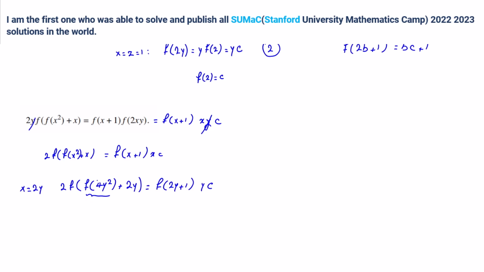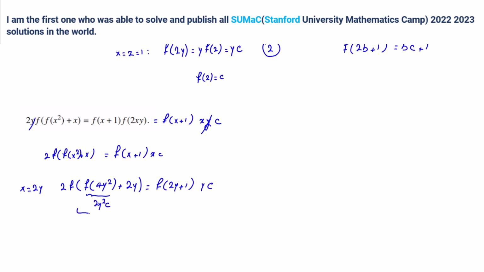f of 4y squared is what? f of 4y squared is f of 2y squared times f of 2, that is 2y squared times c, right?